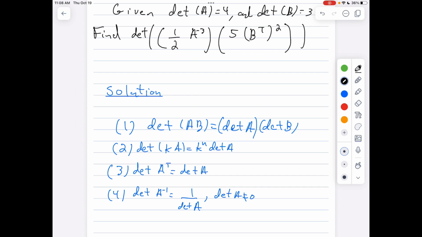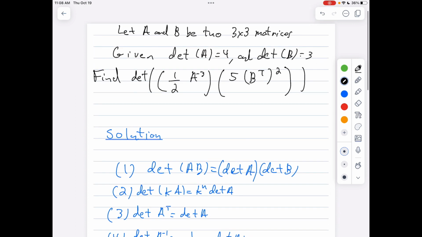The determinant of the transpose matrix is the same as the determinant of the matrix A, and the determinant of the inverse of a matrix is equal to 1 over the determinant of A, as long as the determinant of A does not equal 0. So that's what we'll be using. So let's go ahead and get started.